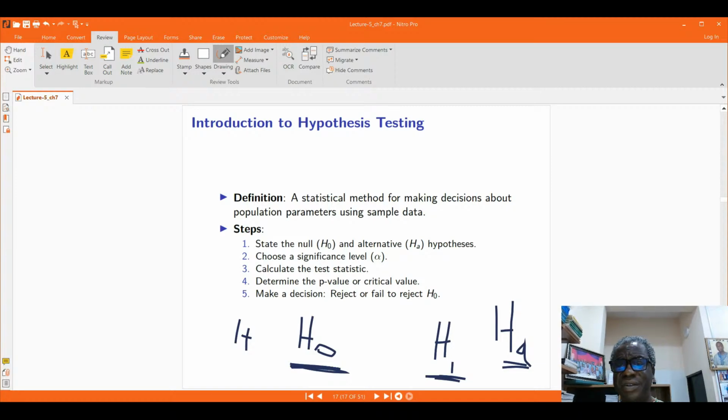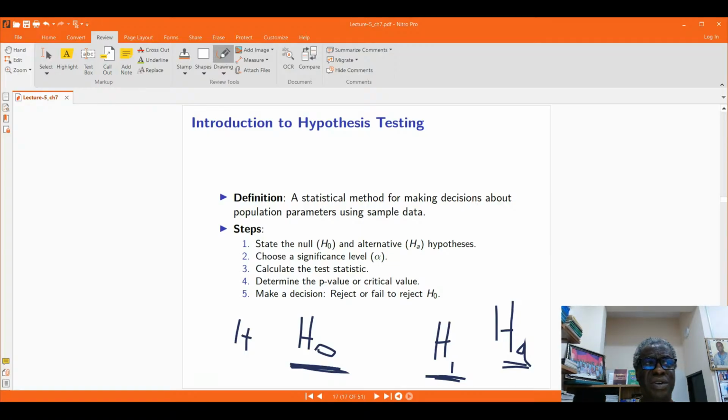So remember that. In the second step, you have to choose. If you choose confidence level to be 95%, for instance, then you know that translates to 5% significance level.